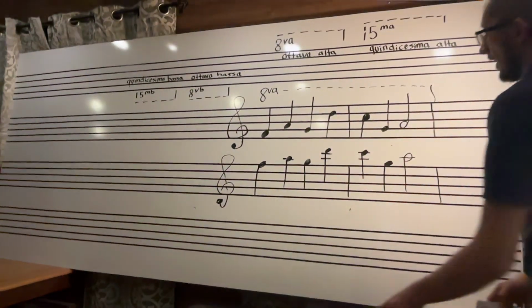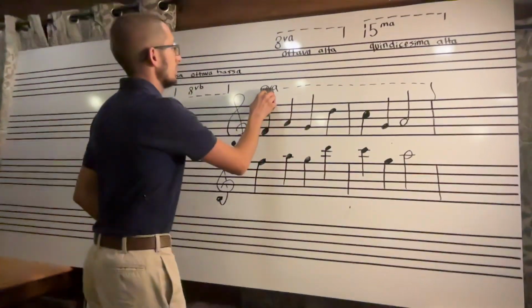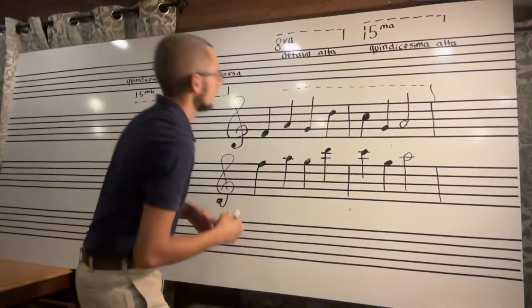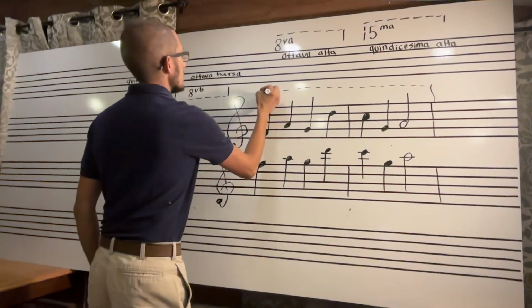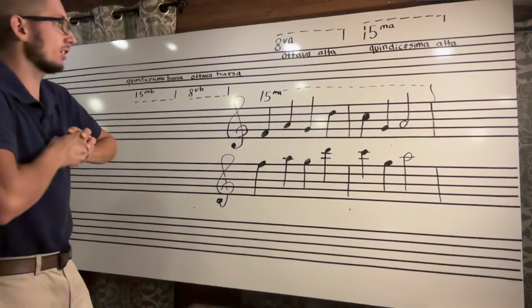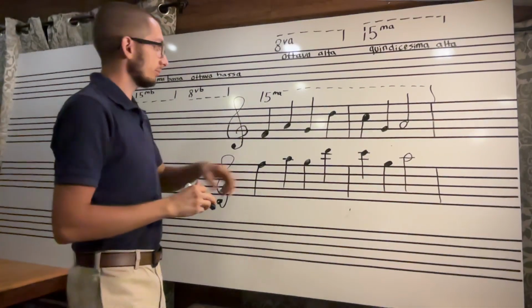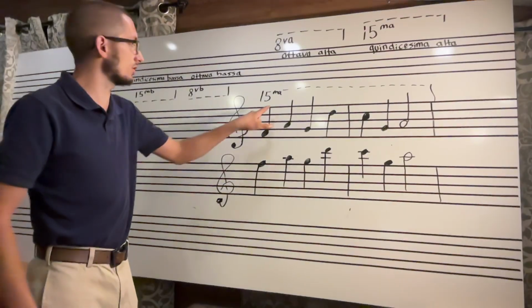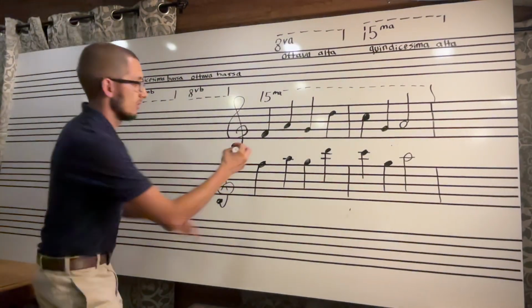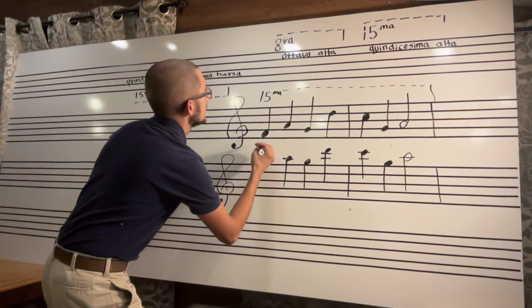That was ottava alta. What if we have quindecima alta above that? 15ma right there, indicating quindecima alta. One way of notating quindecima alta is this with ottava alta written above it.